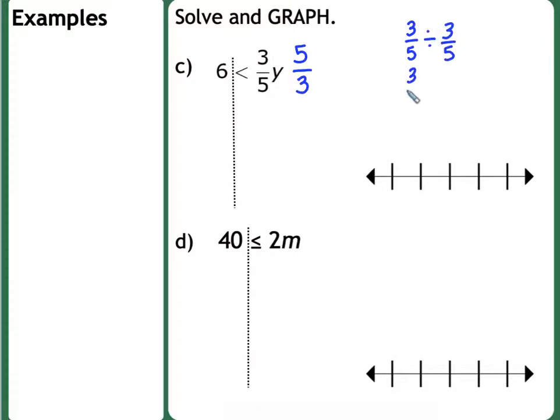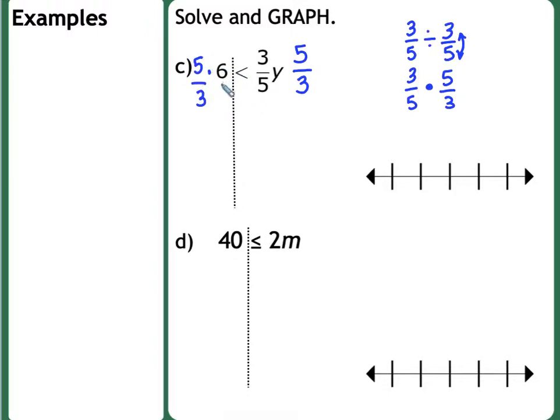We actually keep the 3/5, change division to multiplication, and then take the reciprocal. And notice what we have here. We have this same fraction when we were thinking about this as two operations, that 5/3. All right, so that's just a couple ways to think about this type of problem. Now, whatever we do to the right, we have to do to the left.